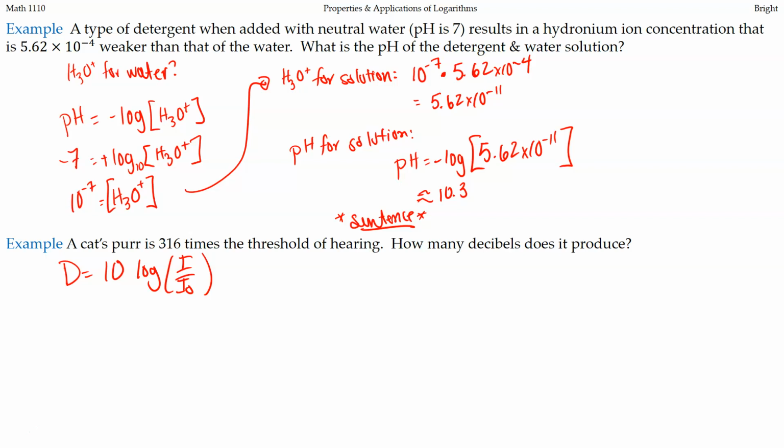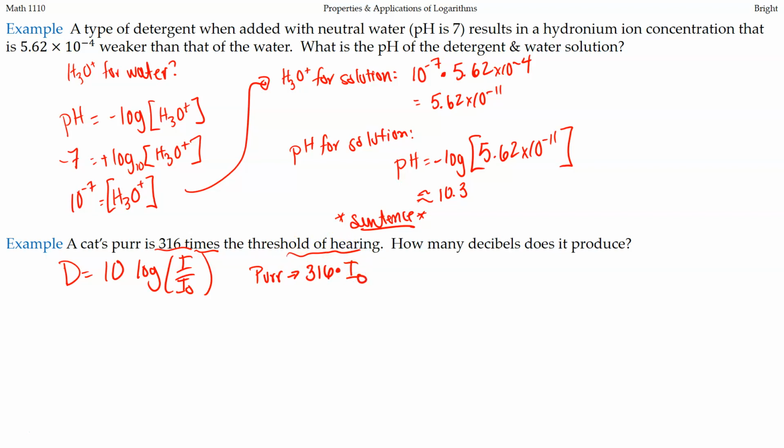This one might take a little bit of time to wrap your brain around, but it's saying that a purr is 316 times the threshold of hearing, which is defined as I naught.